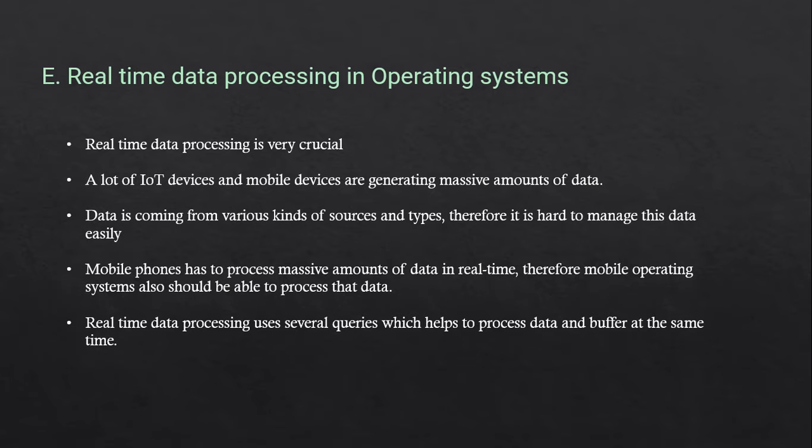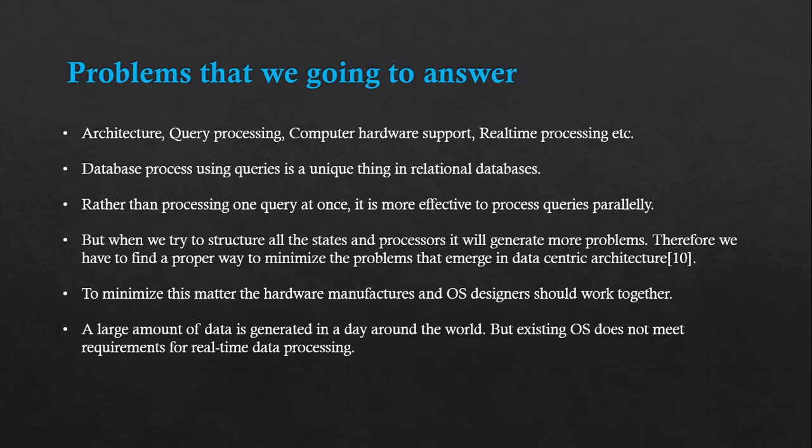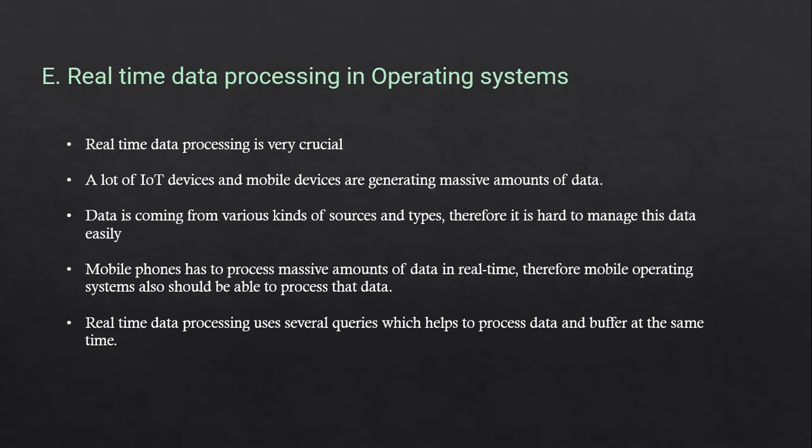Real-time data processing in operating systems. When we discuss real-time data processing, it is very crucial because very sensitive data and a lot of real-time data will be exchanged with real-time database services. So we have to consider that mostly.